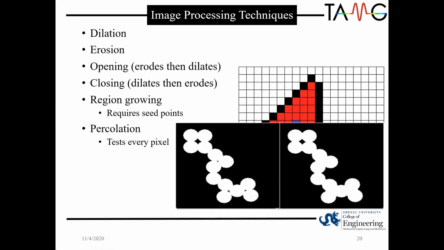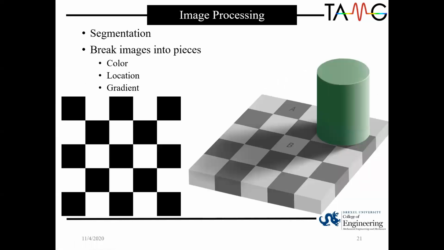Now, using all of these, we can then use this information from image processing for slightly more complex algorithms such as segmentation, right? So we're basically breaking the image into pieces based on color, location, or gradient, and then assessing properties of that.